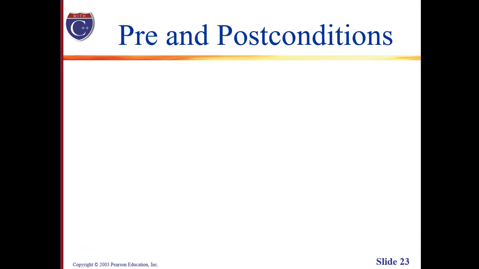Talking about pre and post conditions, when we say pre, it refers to before, and post refers to after. This refers to the conditions that we need to satisfy, or the conditions that are assumed before the program execution, as well as the conditions that will hold true after the execution.